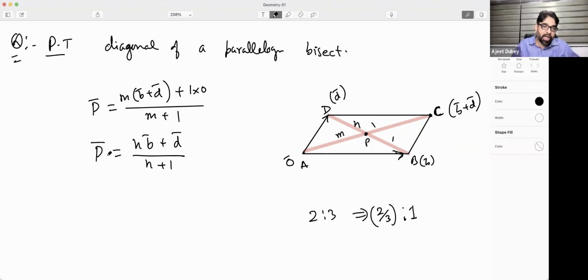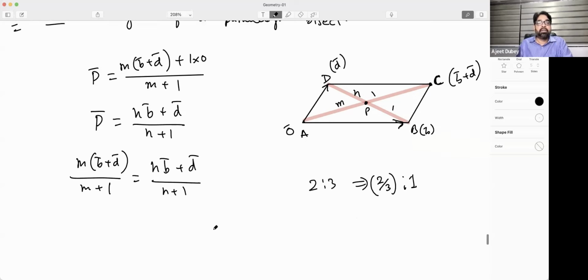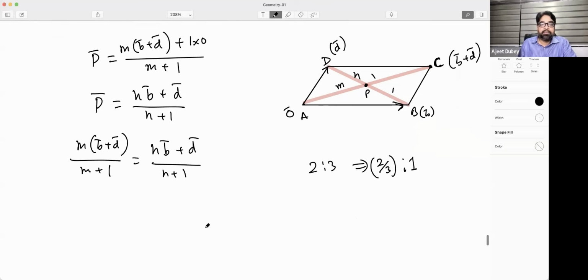Both are P, so both will be equal. It means m into B plus D divided by m plus 1 will equal n into B plus D divided by n plus 1. Am I right? Because the left side equals the right side.